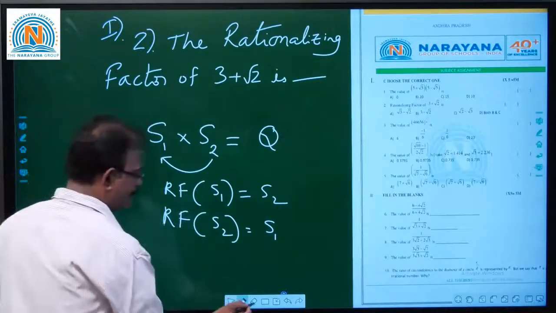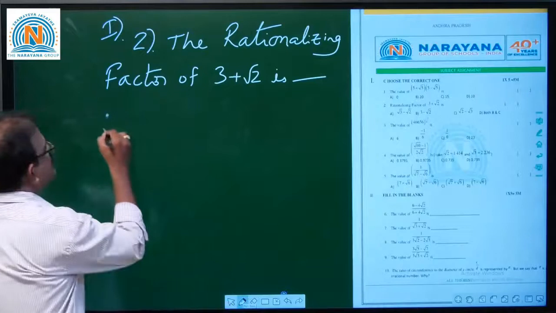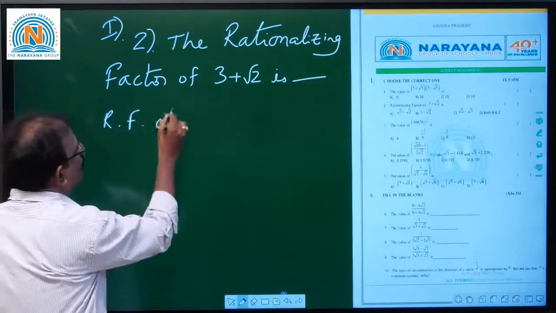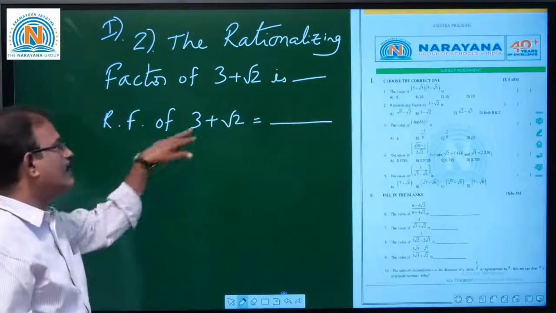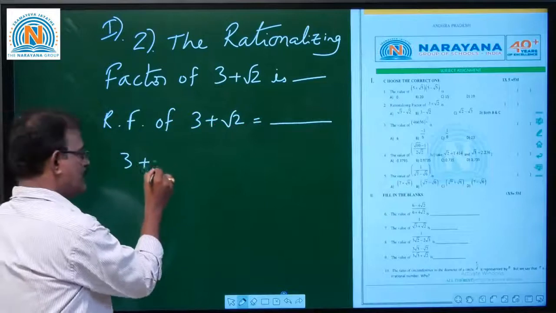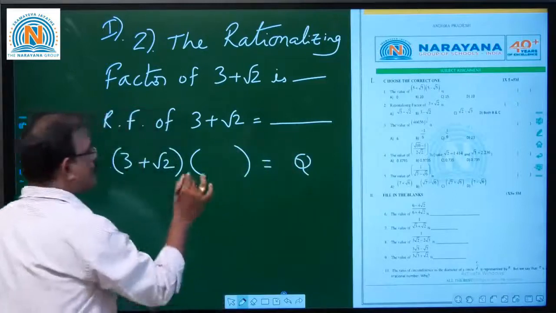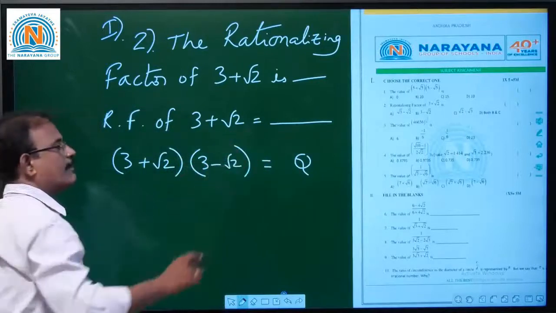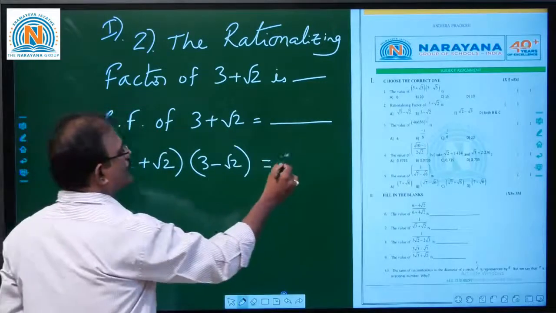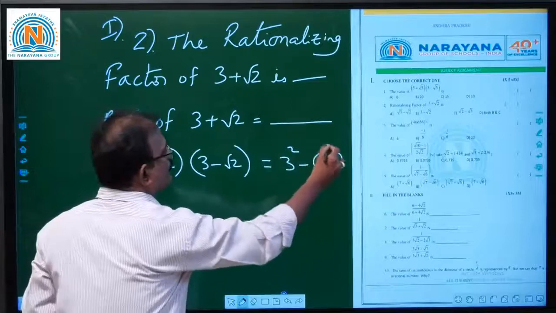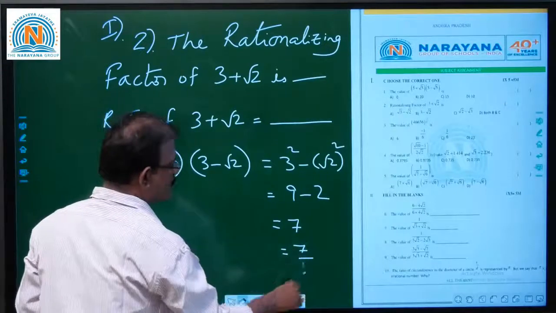So what is the rationalizing factor of 3 plus root 2? Whenever you multiply it with another to make the product rational, for example 3 minus root 2, it is of the form (a plus b) into (a minus b), which is a rational number.